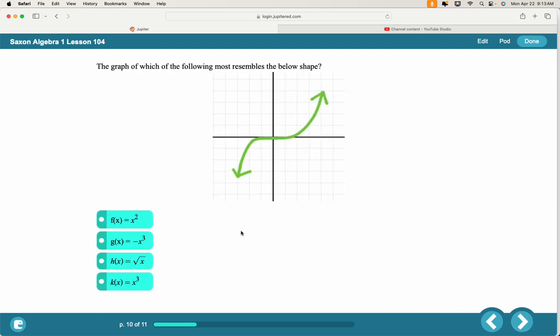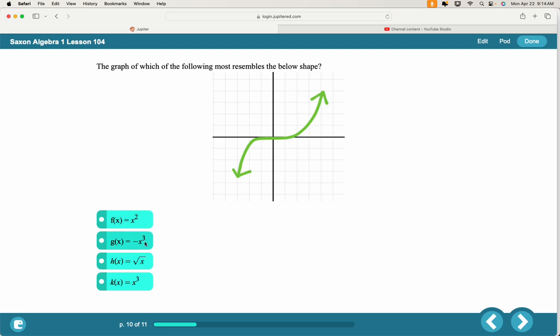Which of the following most resembles the below shape? All right, so this S, this is a cubic graph. So it's going to be either this one or this one. This would be a parabola, and this would be a curved ray.